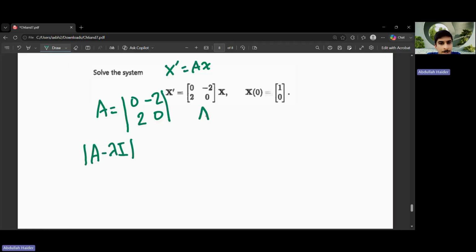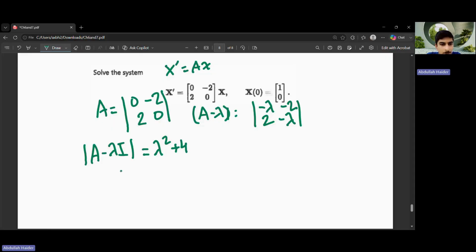first if I do A minus lambda, I'll get the matrix with minus lambda, minus lambda, minus 2, 2. So if I find the determinant, this would be lambda square plus 4.